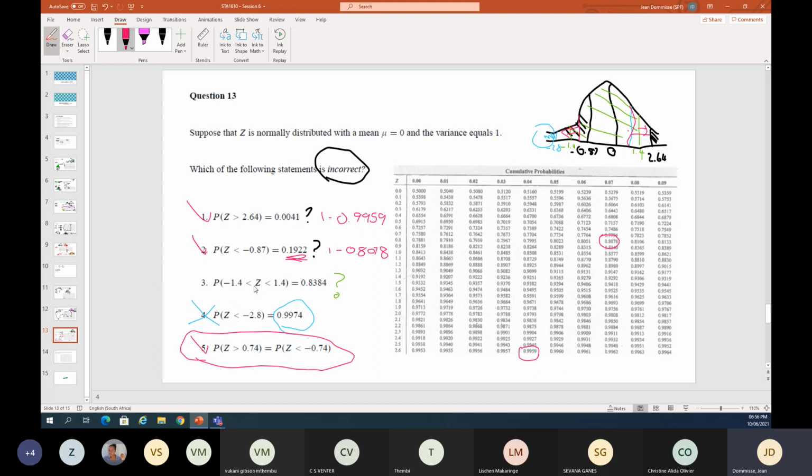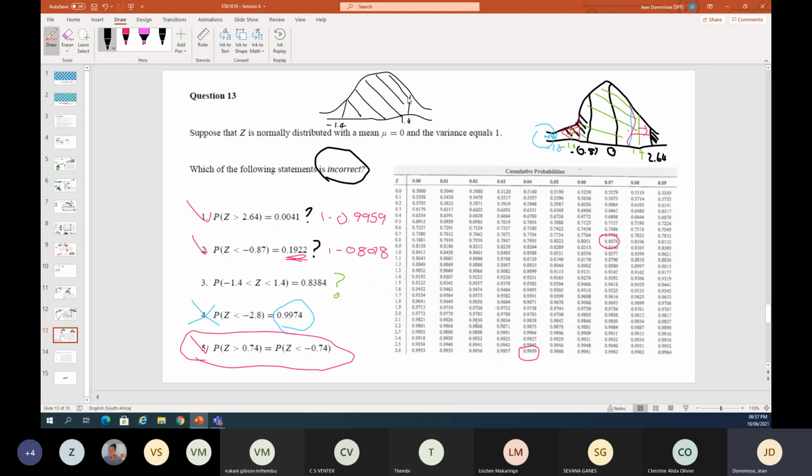This one is a bit trickier, so let's end with this one. We've got 1.4 here and minus 1.4 here, and we need to work out what that area is.